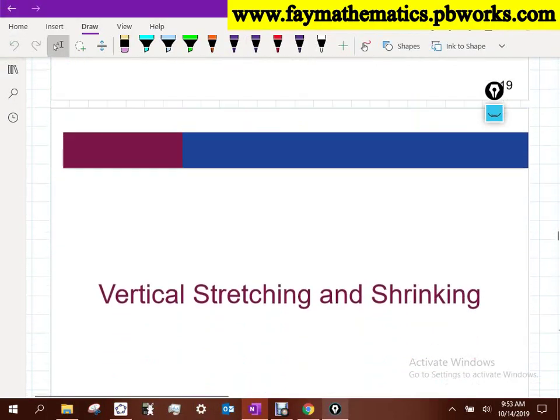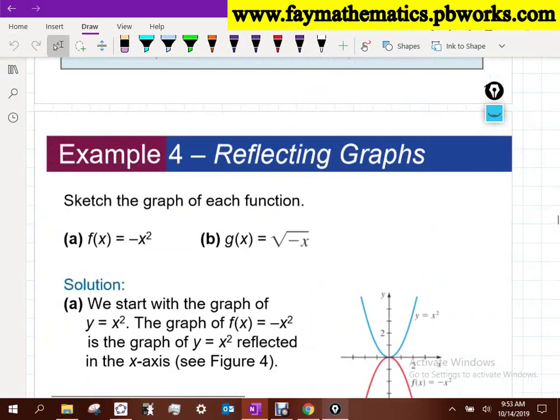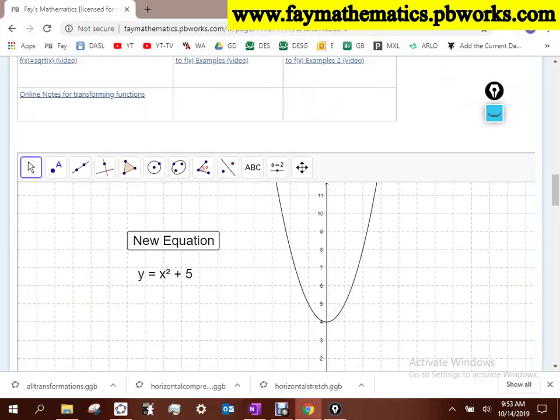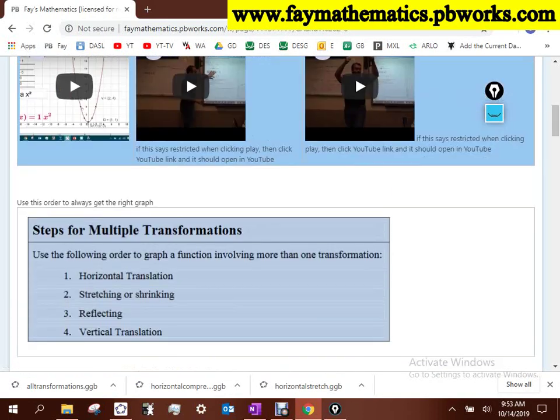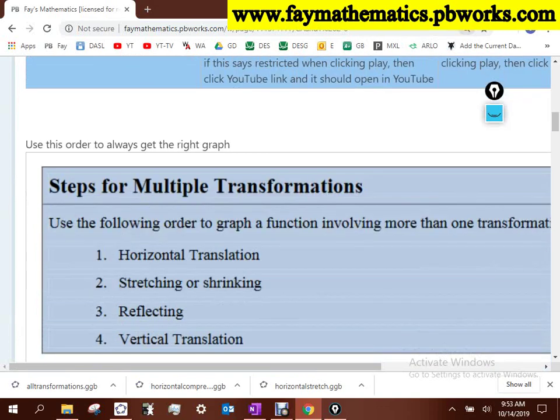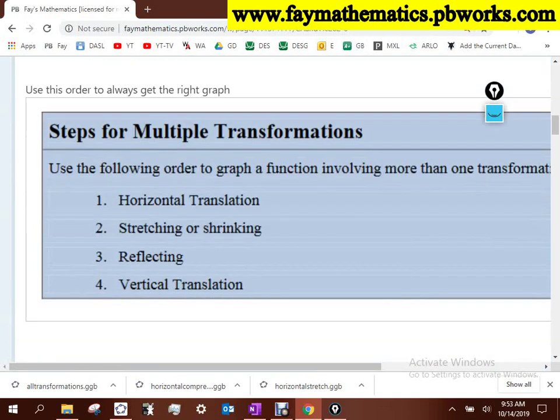I'm going to stop there with examples, but I want to show you something real quick on my website that I think is going to be beneficial for you to start learning now. So there's two overall tasks that we're going to be asked to do with transformations. One will be just to gain the information from a function.